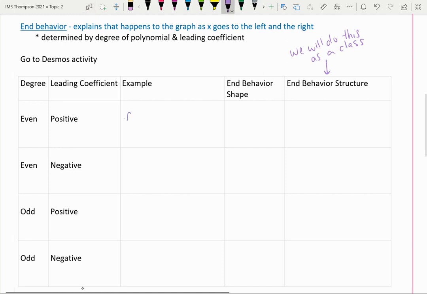I'm going to go for 3x to the fourth plus 6x. So my polynomial is an even degree, and my leading coefficient is positive. So if you have something else written down, that's totally cool. You don't have to write mine down. If you want to write mine down in addition, that's cool too.